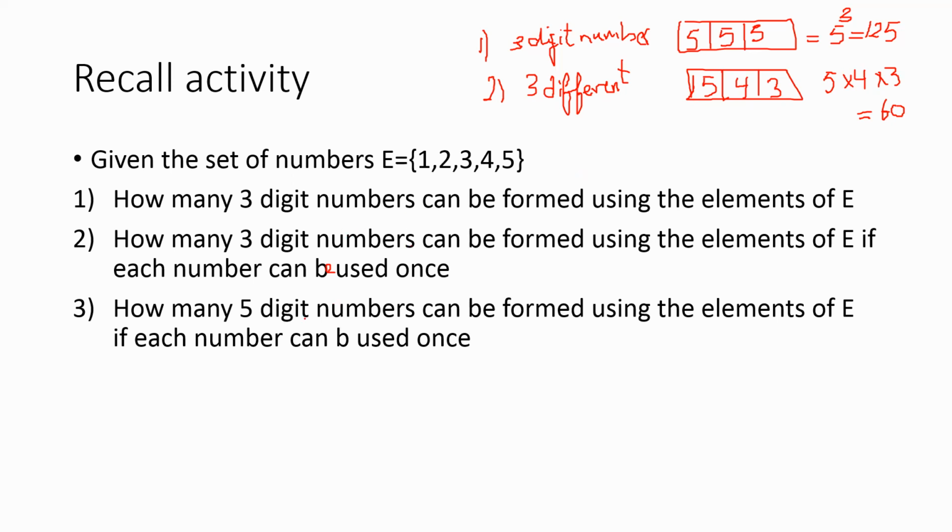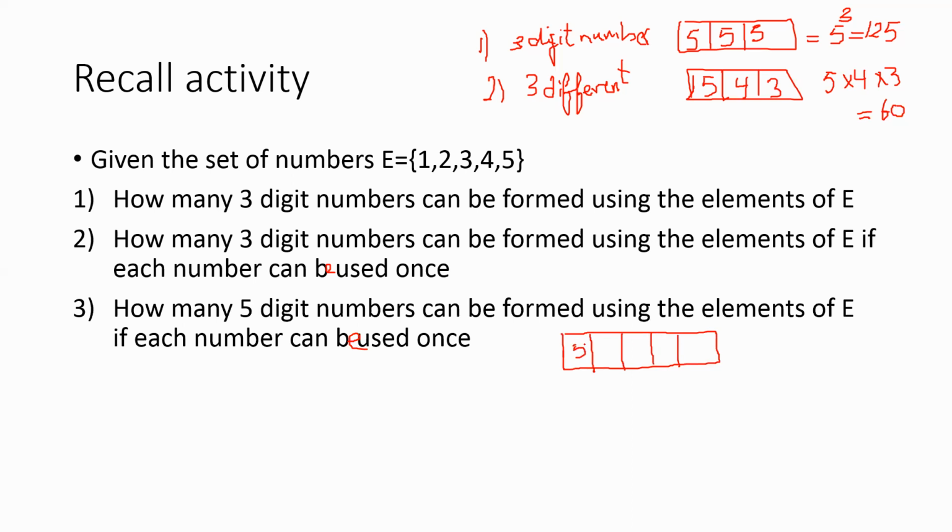How many 5-digit numbers can be formed using the elements of E if each number can be used once? I put 5 boxes. To choose the first digit, how many possibilities do you have? 5.